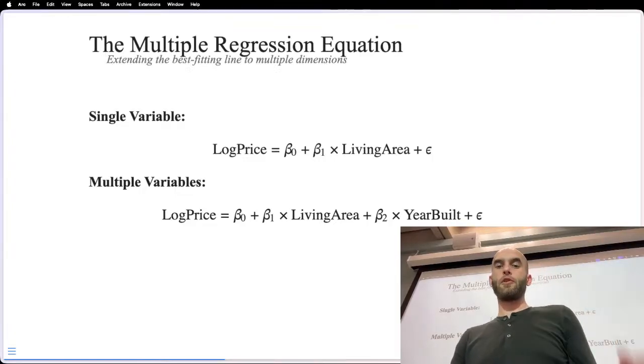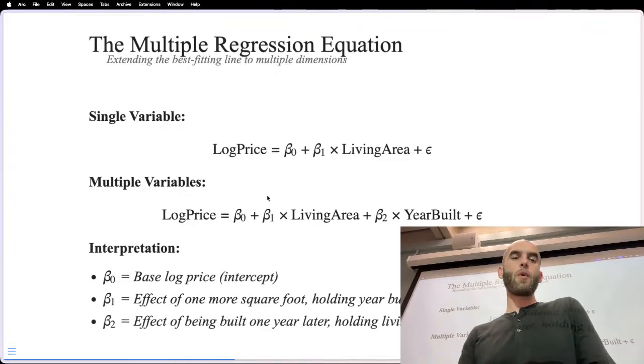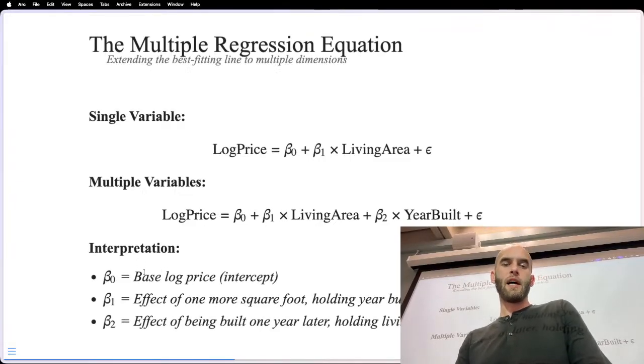And it's more than 2, so it's lots of different categories. And the way we would interpret this, our model 2 with multiple variables, is that beta 0 is the base log price. So this is when living area is 0. So a house of 0 size seems reasonable, right?